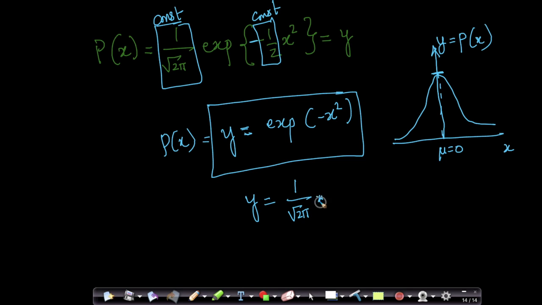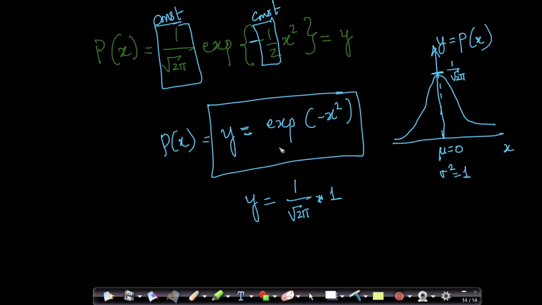Exp of 0 is 1. So the maximum value here, with mu equals 0 and sigma square equals 1, is going to be 1 by root 2 pi, because it's a constant that I'm using. But let's drop the constants to understand the shape better.